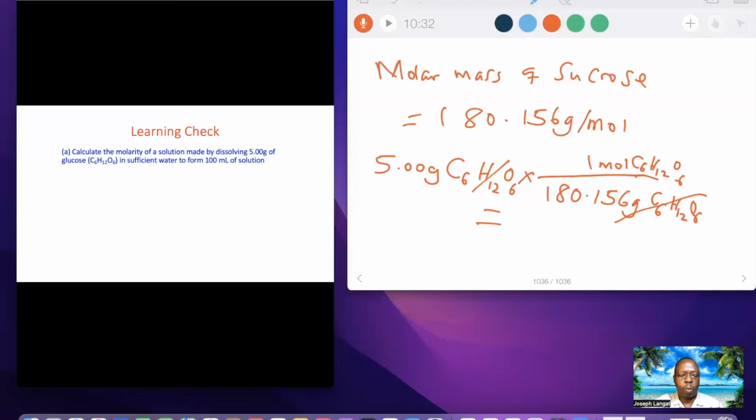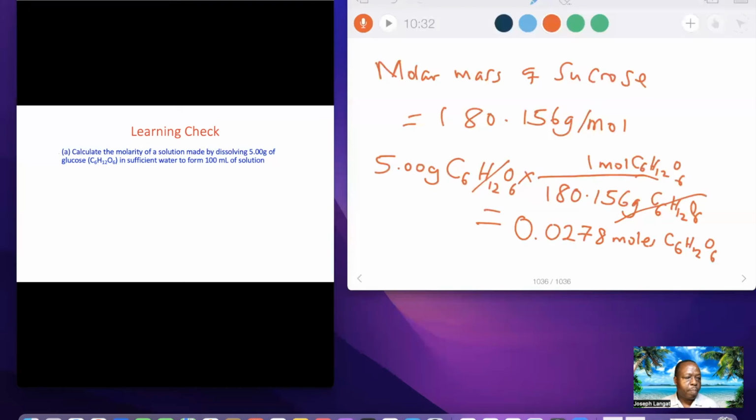So 5.00 divided by 180.156. This is 0.0278. These are moles of what? Moles of C6H12O6.